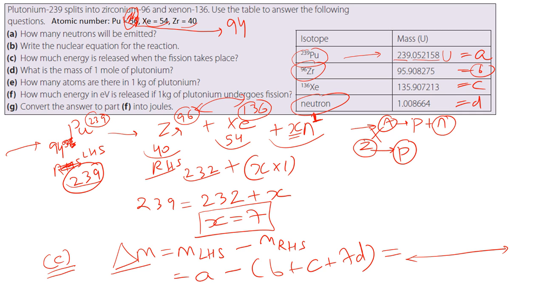Yes, and then convert that into joules as well. There is 6.62 into 10 to the power 14 joules. Yes, that is correct. 10 to the power 14. I got 13. Just check. 13. Okay.